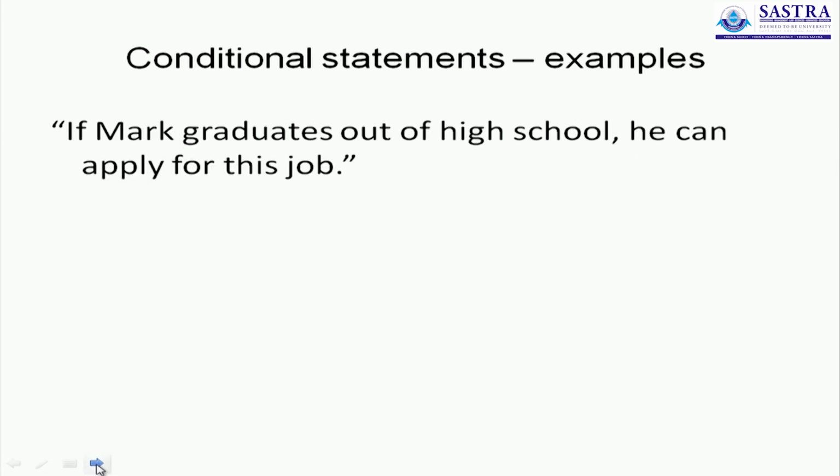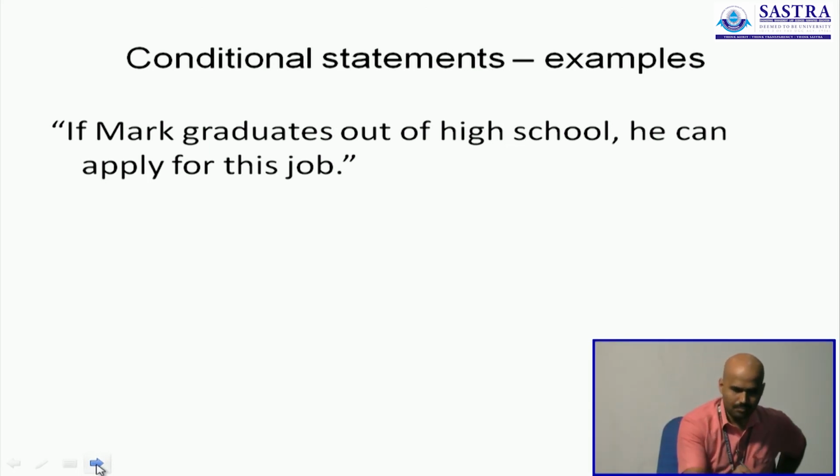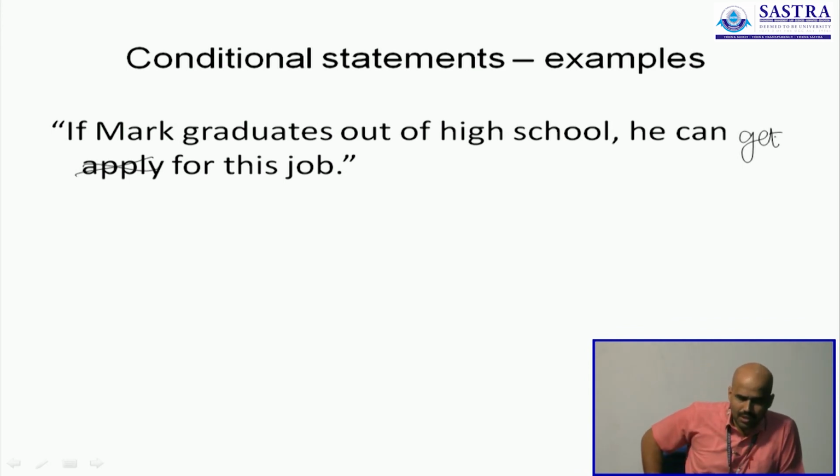Let's check a different example. If Mark graduates out of high school, he can get this job. Just to consider more possibilities, I'm making a small change: if Mark graduates out of high school, he can get this job.